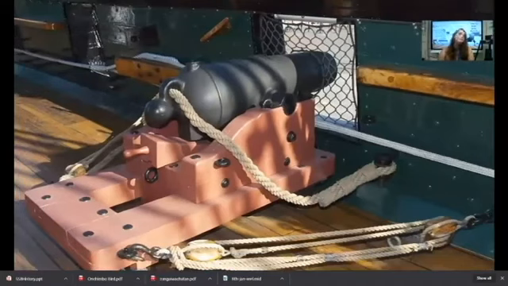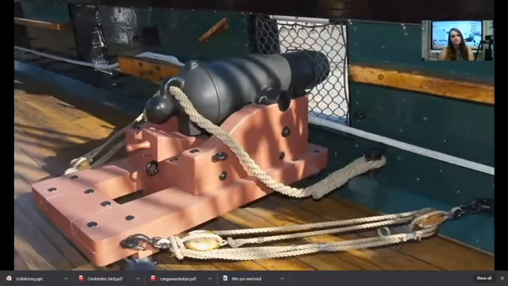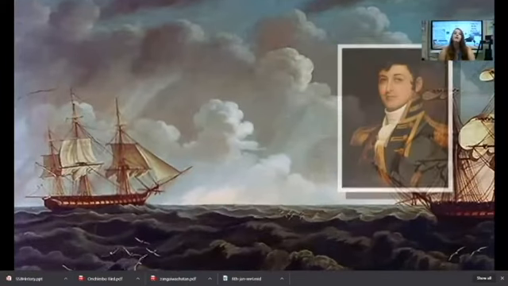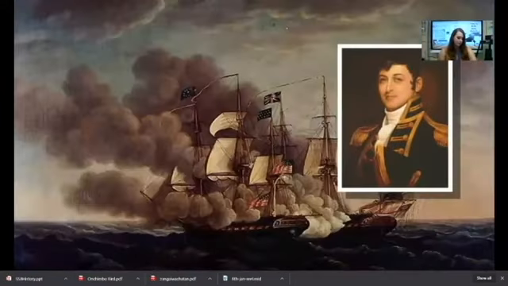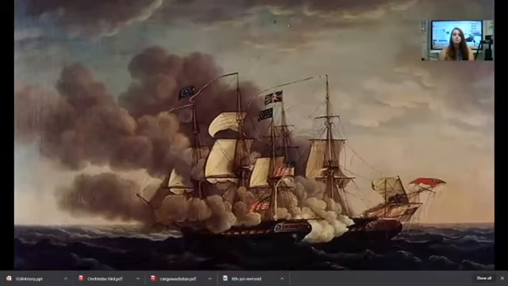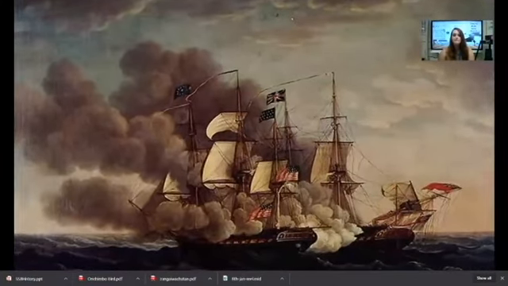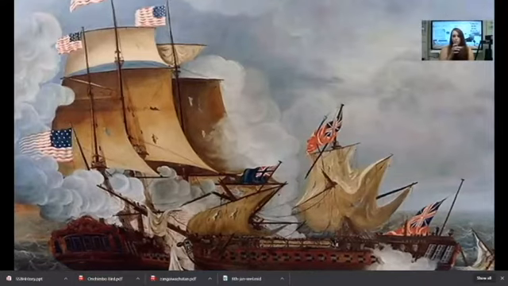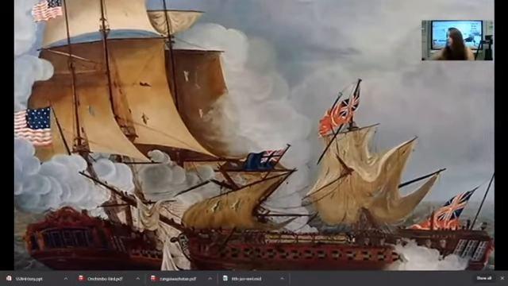adversaries. In August 1812, Constitution met the British warship HMS Guerriere in the Atlantic. Captain Isaac Hull, in command of Constitution, brought his ship within 25 yards of Guerriere, blasting the enemy at point-blank range. The two ships locked together in a tangle of rigging as they traded cannon fire.